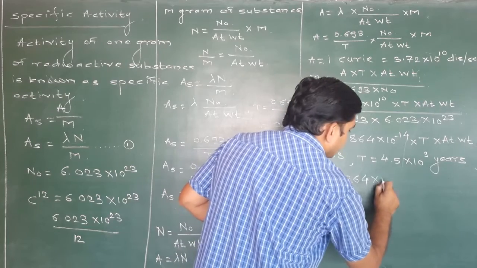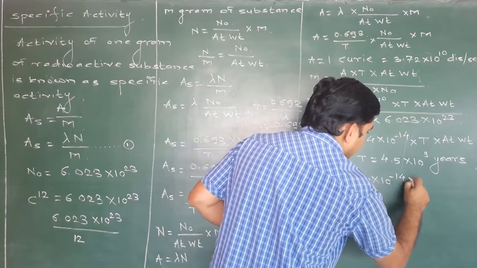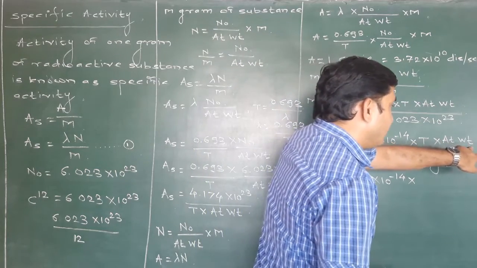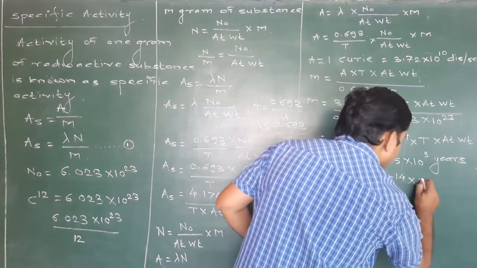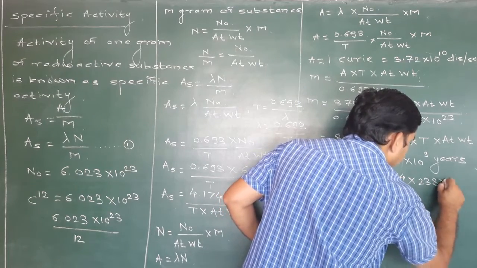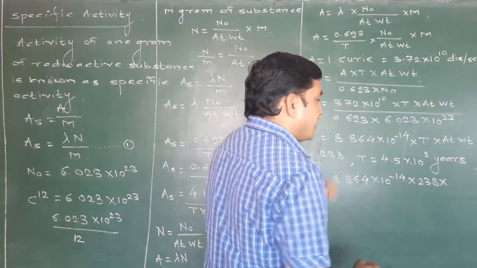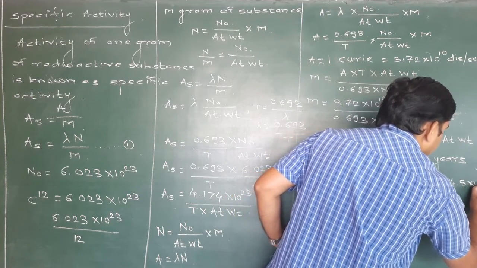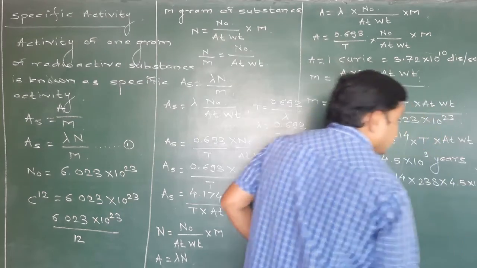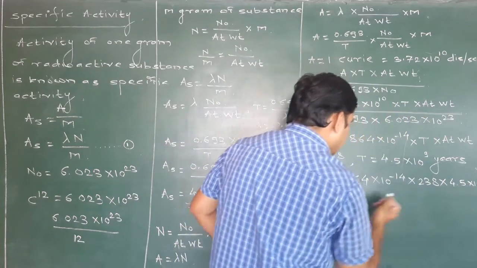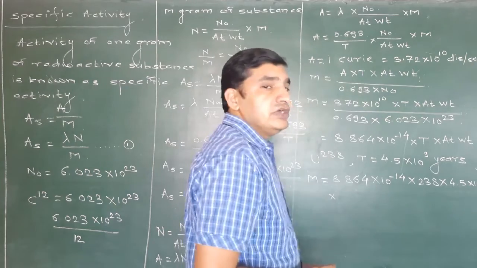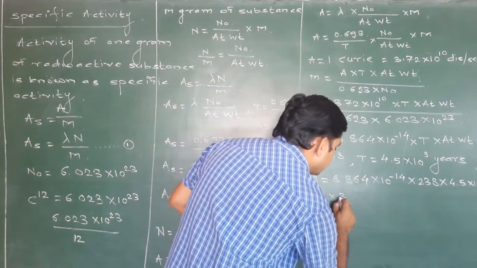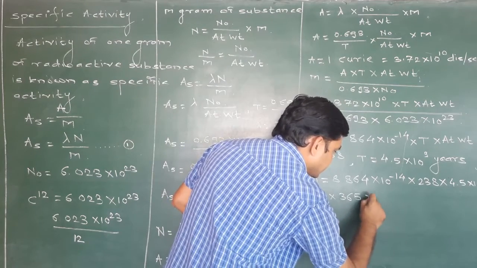8.864 into 10 raised to minus 14 into the atomic weight of the uranium, which is 238, into the half-life, which is 4.5 into 10 raised to 9 years, but this is in years, we have to convert it into seconds. 1 year consists of 365 days.